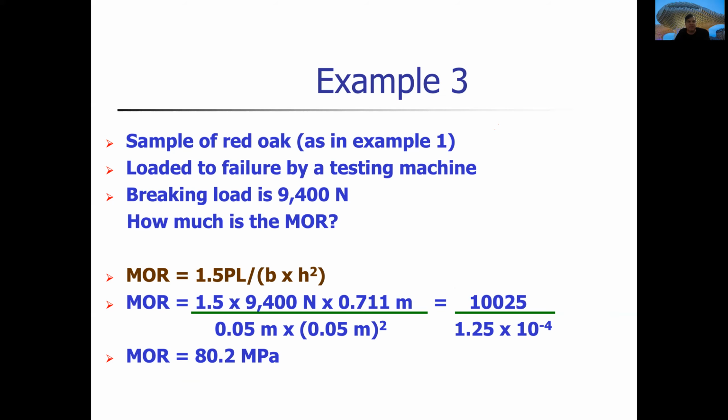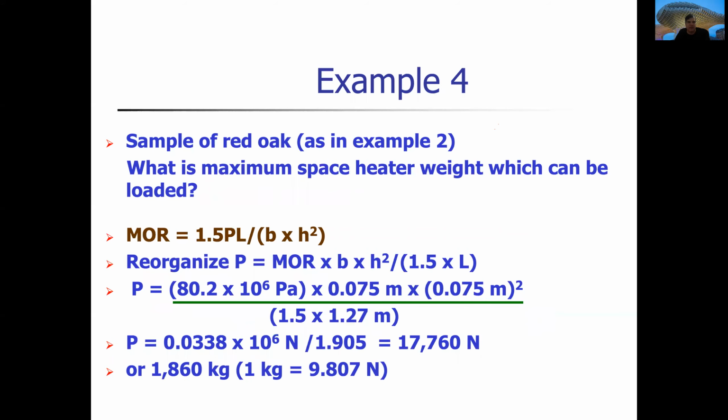We can have the same type of problem with the same formula, but instead of trying to find the MOR, we want to look at the span between the supports of this material. In the same way, we can look at what is the maximum weight, the weight that the material will be working with and will be applied in that particular span.